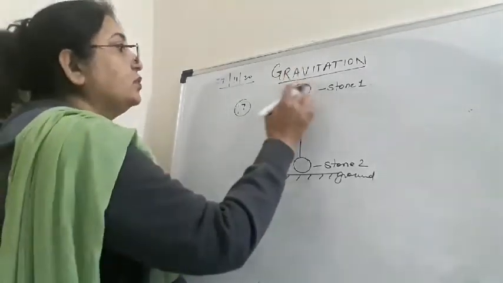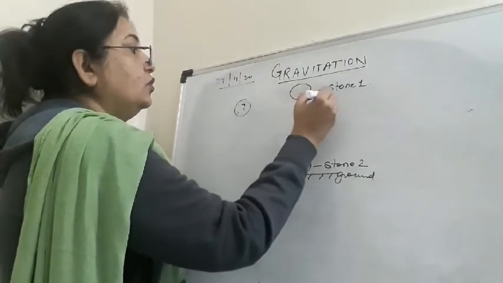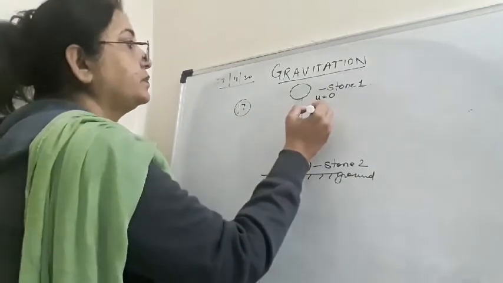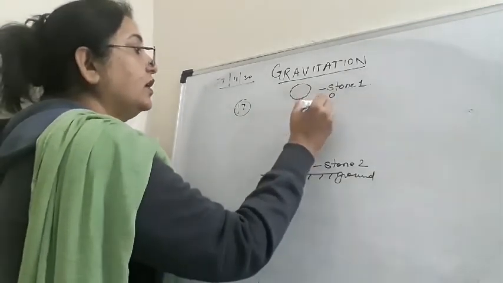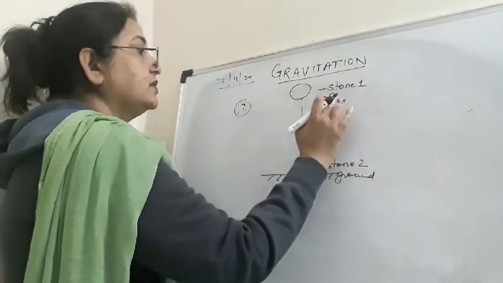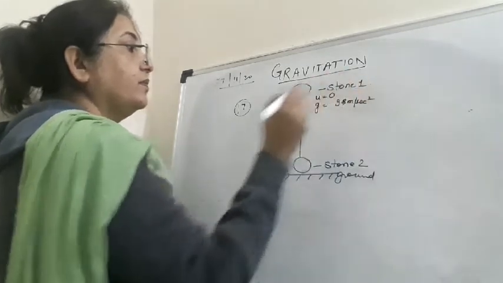So for stone 1, u will be equal to 0, and g will be plus 9.8 meters per second square.